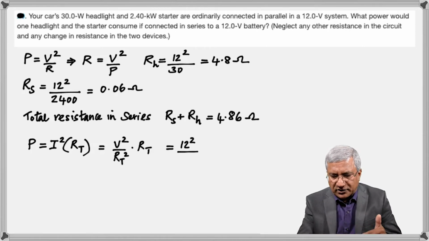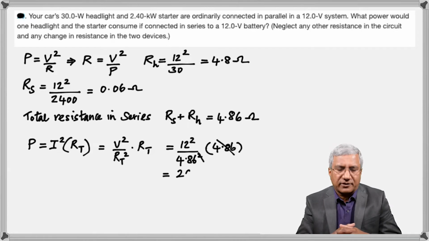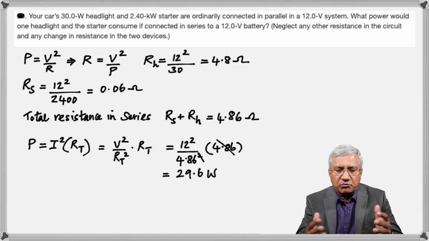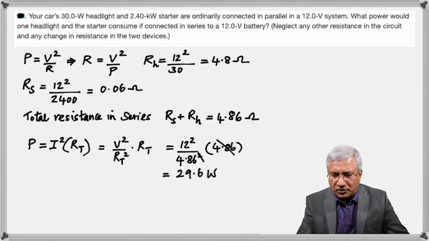And then that simplifies to V squared by R. And one of the 4.86 gets cancelled with the square, and we calculate that to be 29.6 watts. So in total, we only get 29.6 watts if they were connected in series. I hope you understand that. Let's move on to the next one.